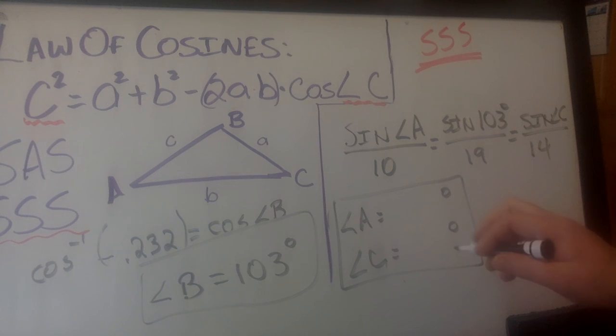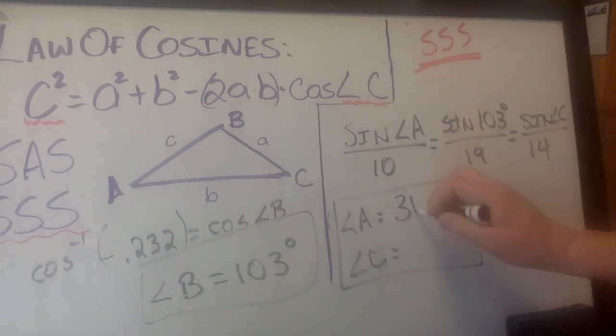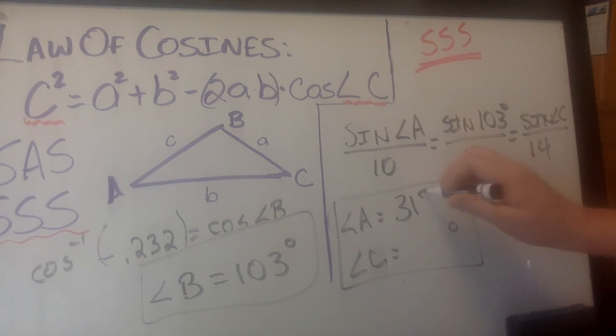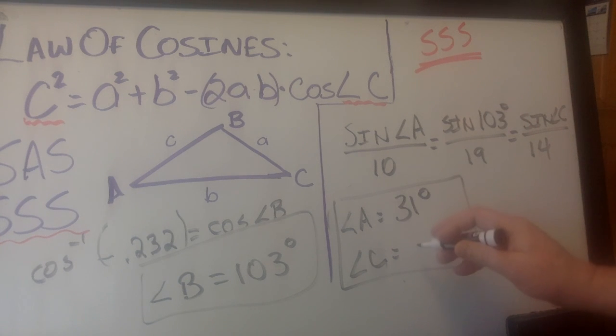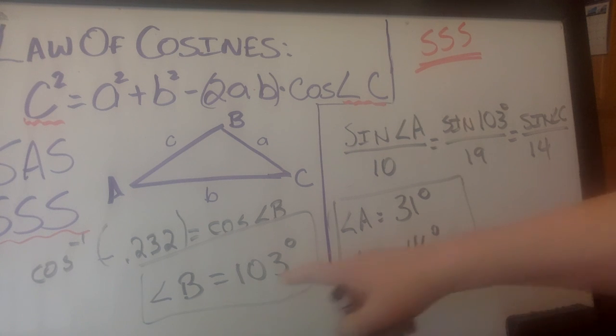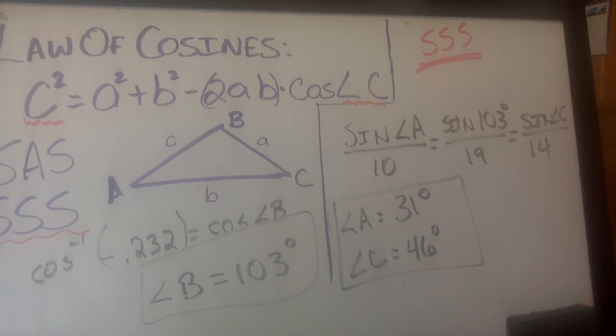I get 31 degrees for angle A, and then you can subtract if you want, or solve it either way. 31 plus 103 is 134. 180 minus 134 is 46. 77 plus that is 180.